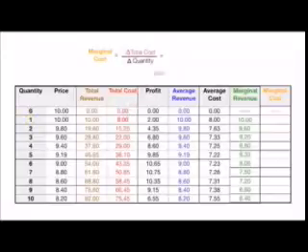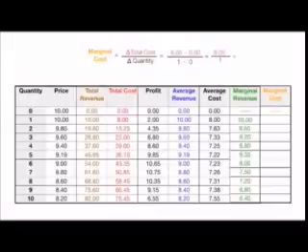So I take 8 minus 0, divided by 1 minus 0. This is equal to 8 divided by 1. And of course, this is equal to a marginal cost of 8.